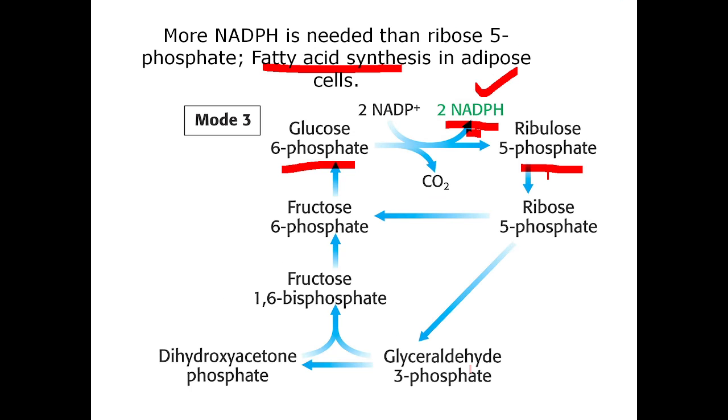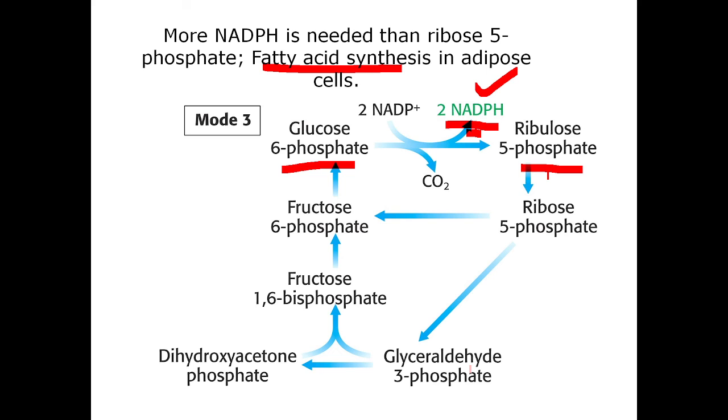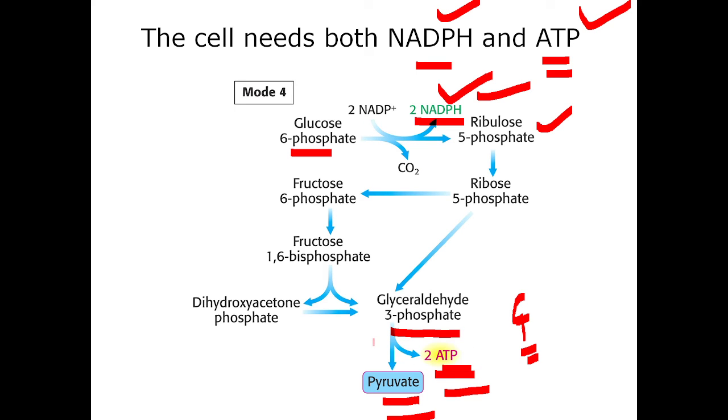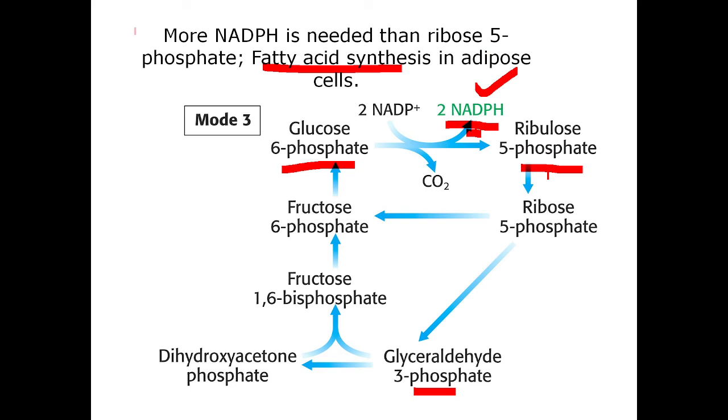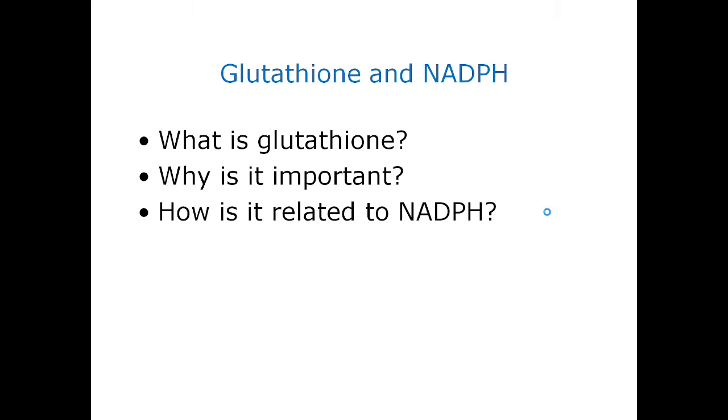So this reaction and this look similar, but here glyceraldehyde 3-phosphate was there, but here this glyceraldehyde 3-phosphate got converted into this pyruvate molecule. So the cell adjusted. In this case I will need NADPH more, but in this reaction I need NADPH as well as ATP more. So that is why it resorted to this pathway.